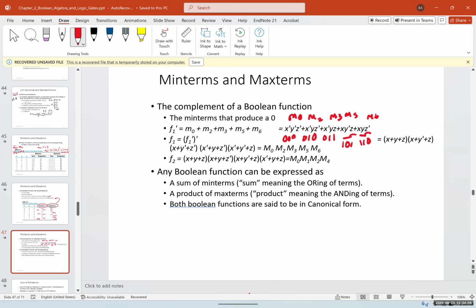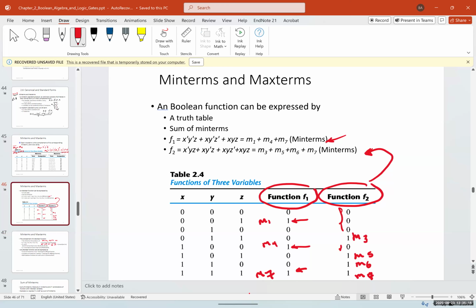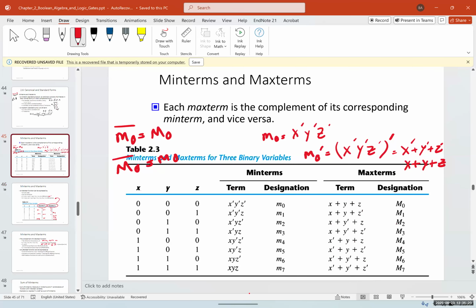Now, f1 would be f1 prime prime, which gives us x plus y plus z, and x plus y prime plus z. Now, what does this mean? If we have a minterm again, its complement would be its max term.